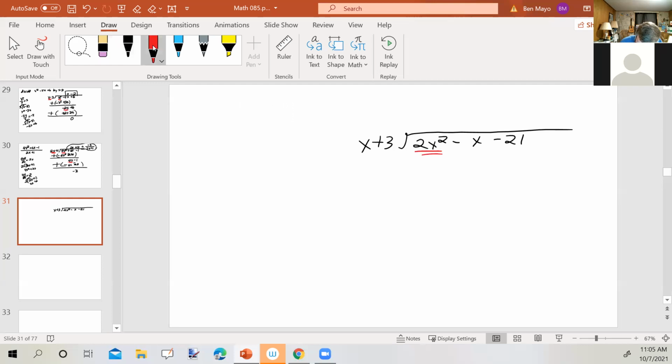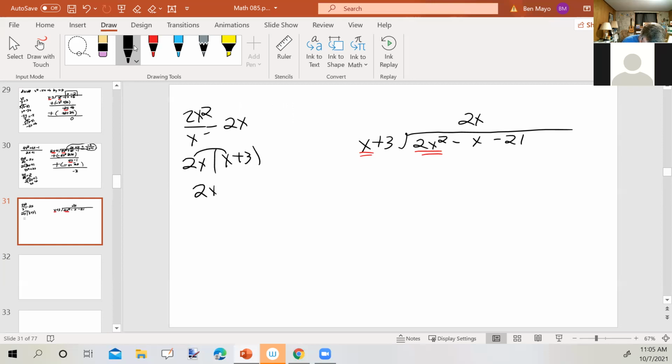We're going to take the inside leading term divided by the outside leading term. 2x squared divided by x is 2x. 2x times x plus 3 is 2x squared plus 6x. We're going to subtract that quantity from what's up above, change it to addition of the opposite. 2x squared plus negative 2x squared is 0.